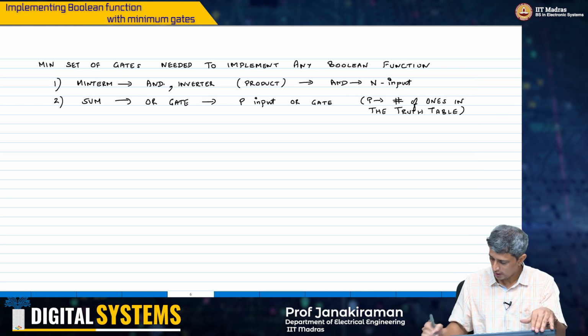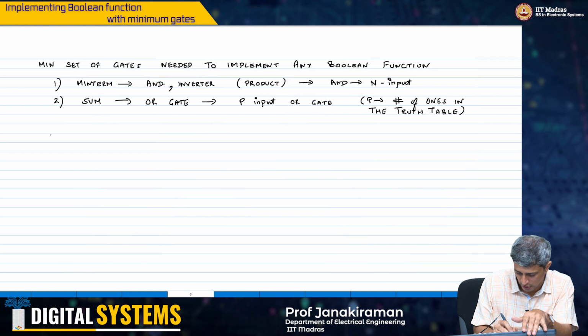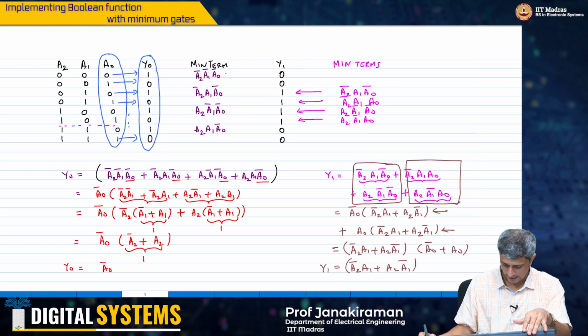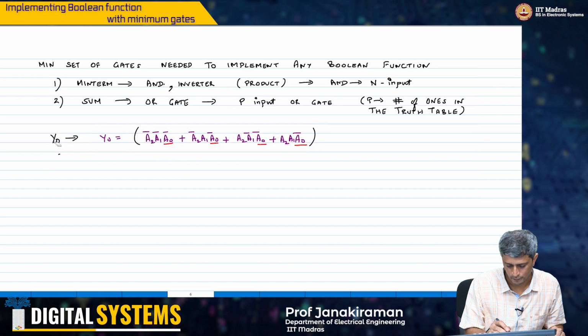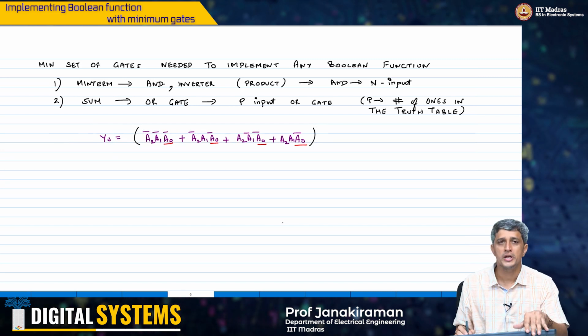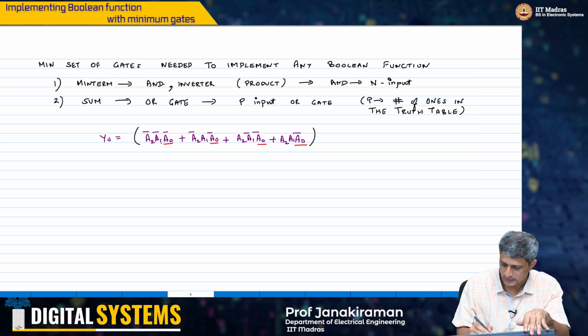So anyway, if I now go ahead and look at the unsimplified implementation of y0, it is a2 bar, okay, let me copy this, yeah, right. So I have copied this. So how many AND gates do I need? First of all, each AND gate has to be an n input AND gate, right?